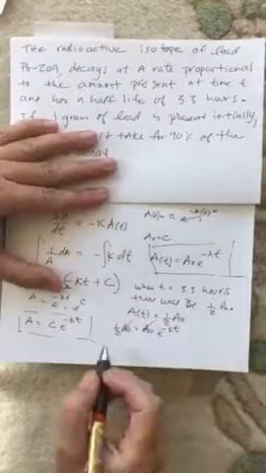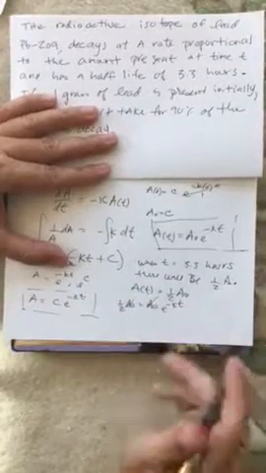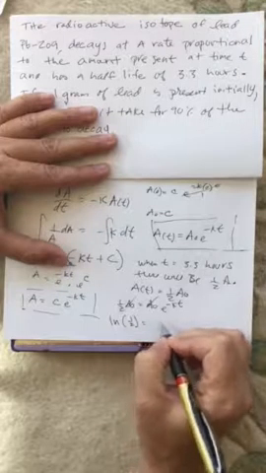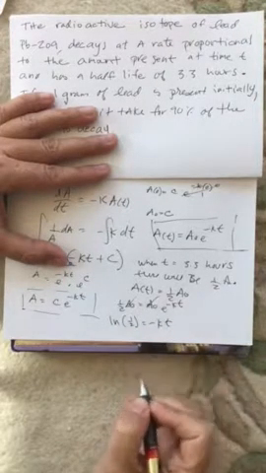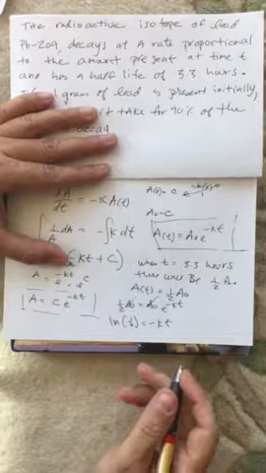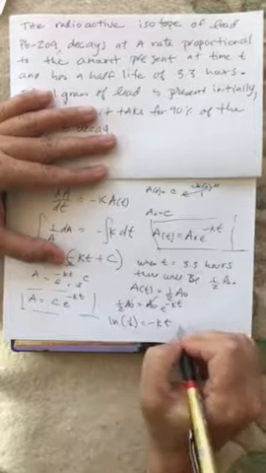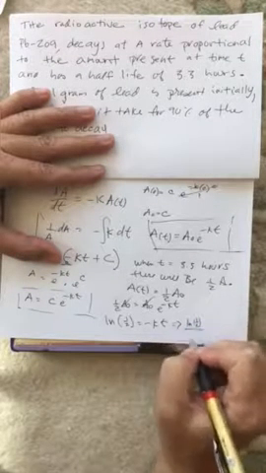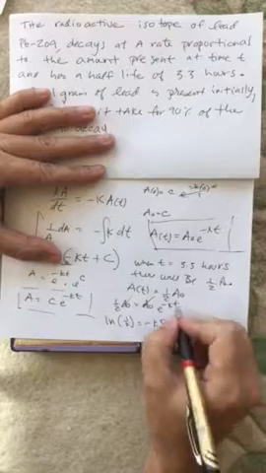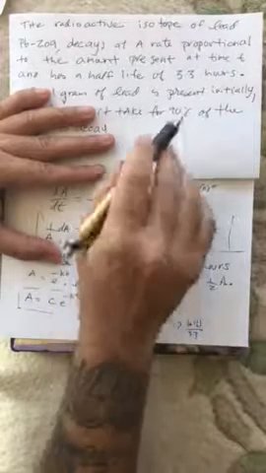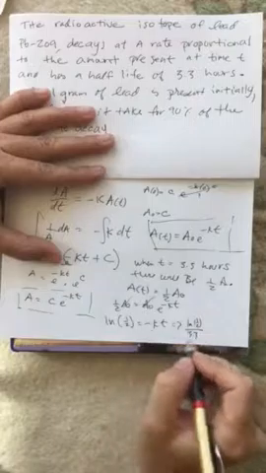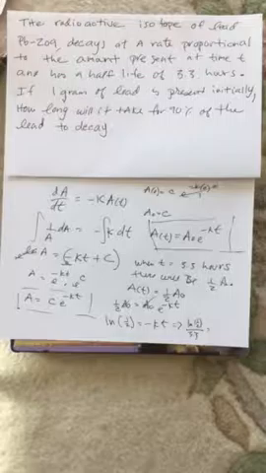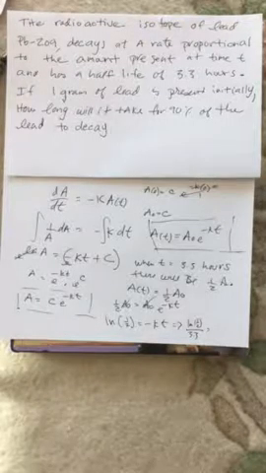So let's take the natural log of 1/2 equals the natural log of this. We'll just bring the exponent down. So we have the natural log of 1/2 divided by t, where t is 3.3. We didn't plug that in, but t is 3.3, equals k, which equals what? I don't have my calculator.